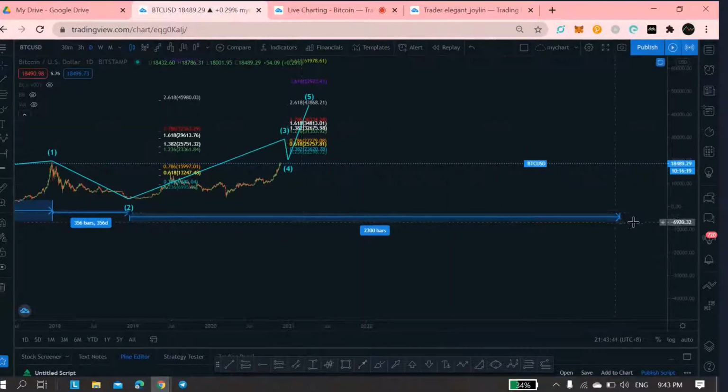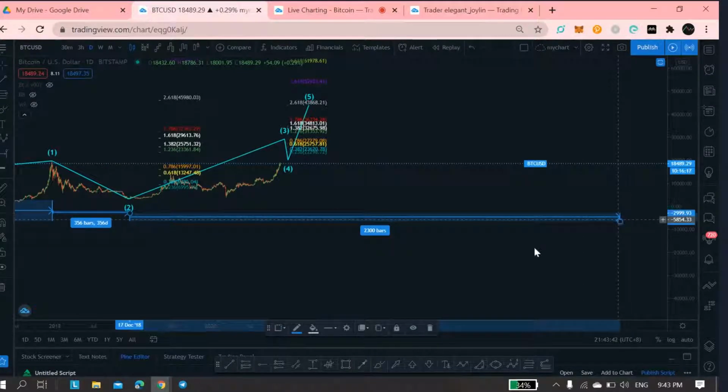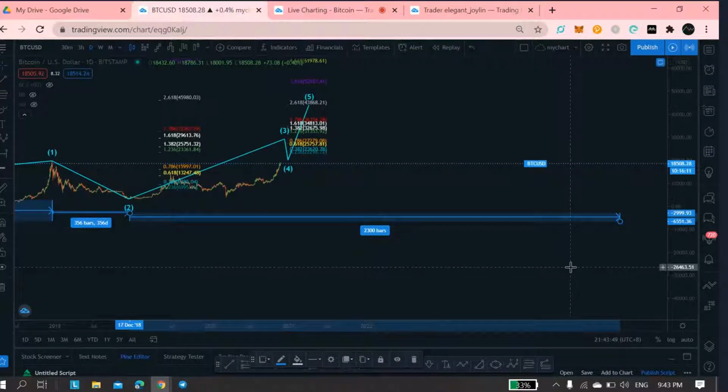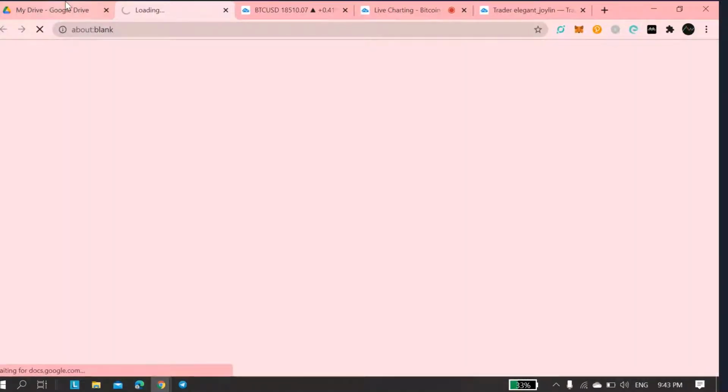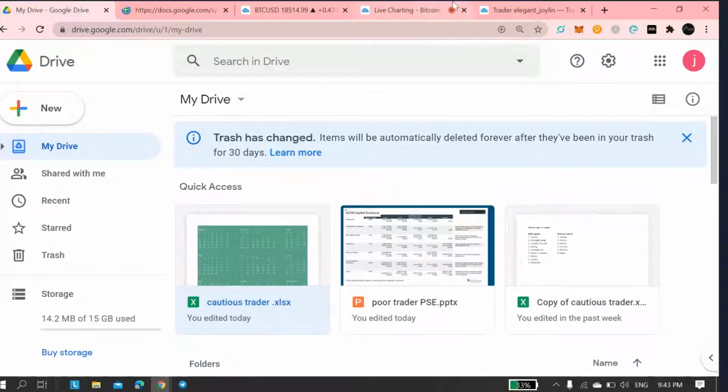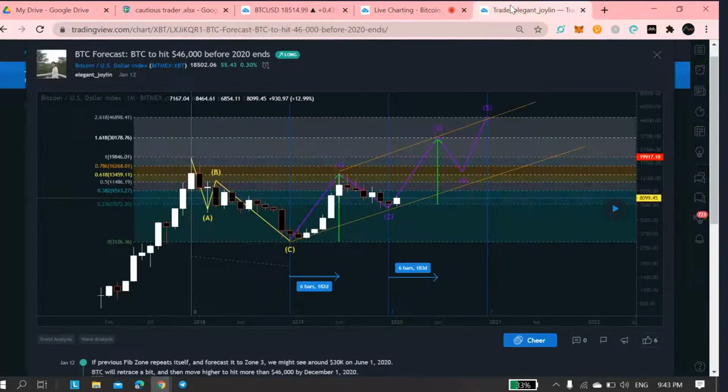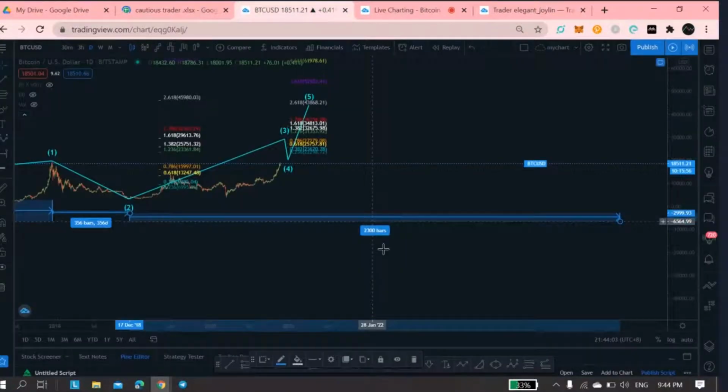So if that's here, can we see the date? Oh, I think we cannot. Anyway, we'll just use the spreadsheet and add it so that we can estimate a possible date range. So this is the possible wave 3 that can last until this area.